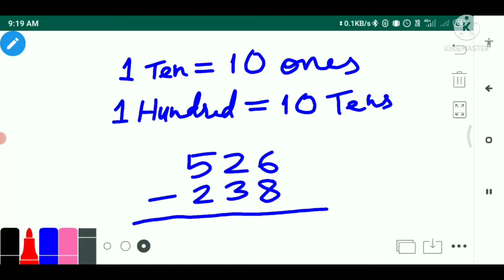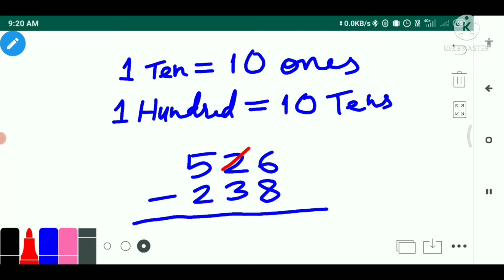So we'll apply the rule of regrouping. So now see, the ones place values 6 and 8 are there, so we can't subtract 6 and 8, right? From 6 lines we can't cut 8 lines. Yes, so it will borrow 1 from the tens place.